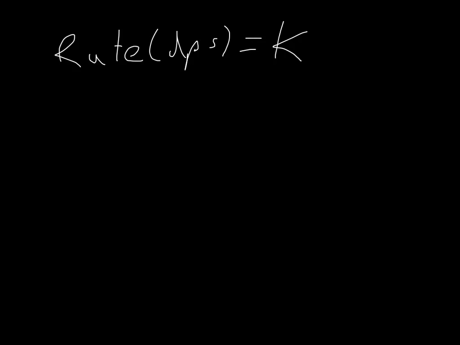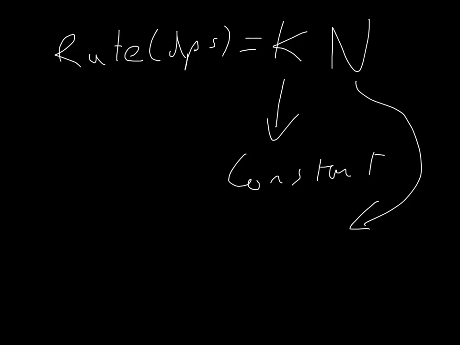It's actually a lowercase k. You probably can't tell from how I wrote it, but it's supposed to be lowercase k, and then N. So k is a constant, and N is the number of radioactive nuclei.